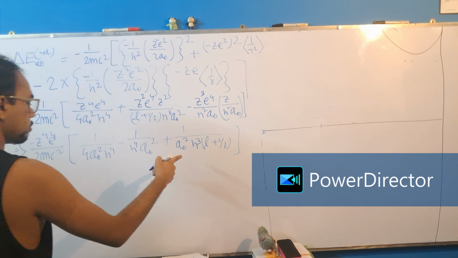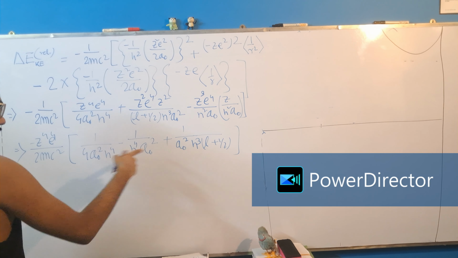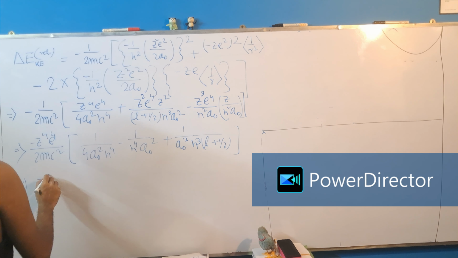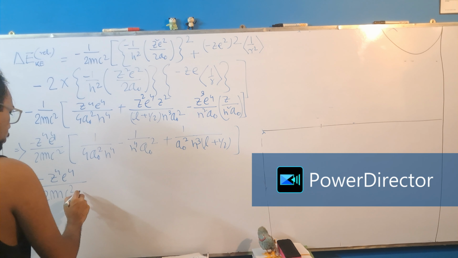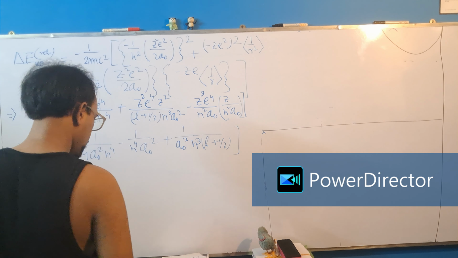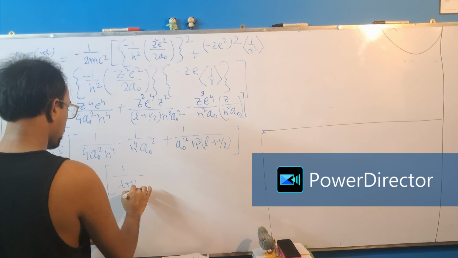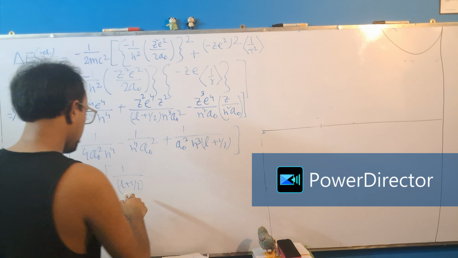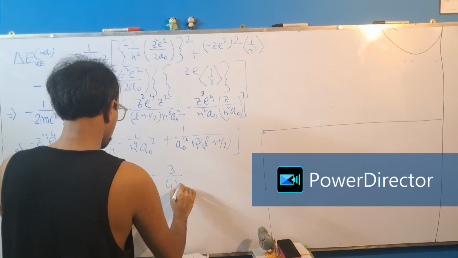I can take this n to the power 3 common out, obviously, and this a naught squared also. I will end up with Z to the power 4 e to the power 4 by 2mc squared with a naught squared n cube, and then 1 by l plus half, then minus of 3 by 4n.